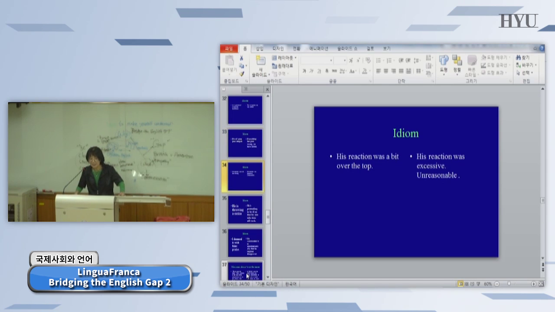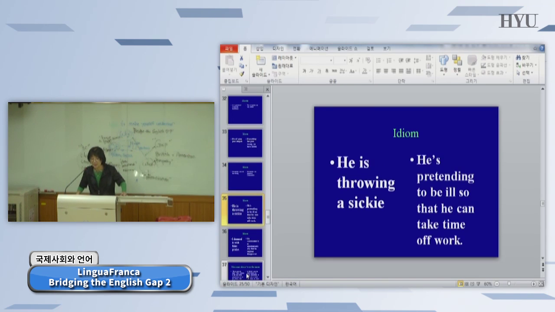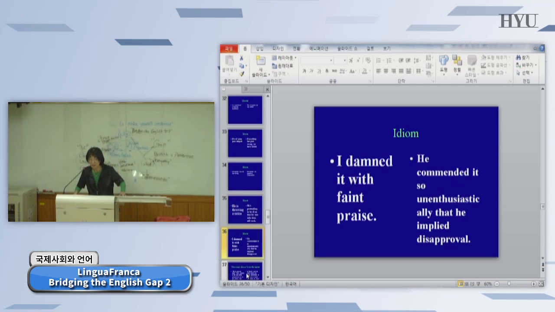And also the idiom, his reaction was a bit over the top. What does it mean? It means his reaction was excessive, unreasonable. Then the idiom, he is throwing a sickie. What does it mean? We cannot understand, but it means he's pretending to be ill so that he can take time off work. Then, I damned it with faint praise.